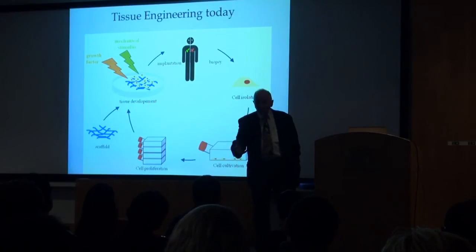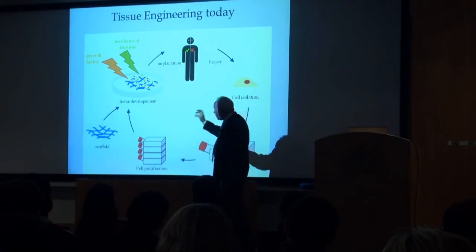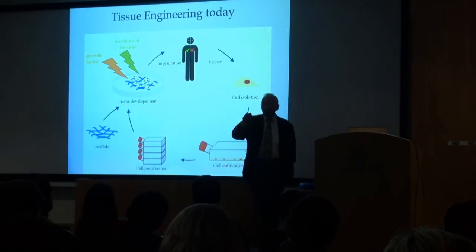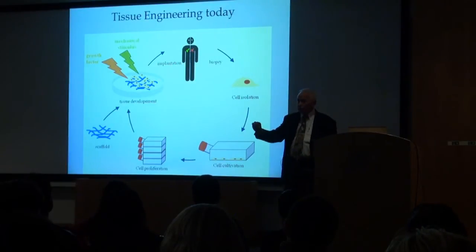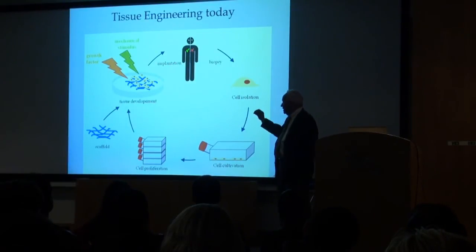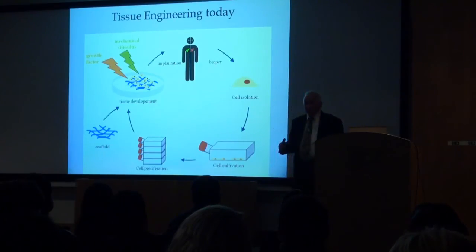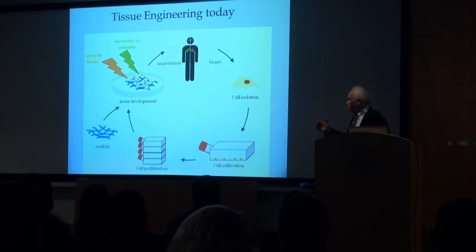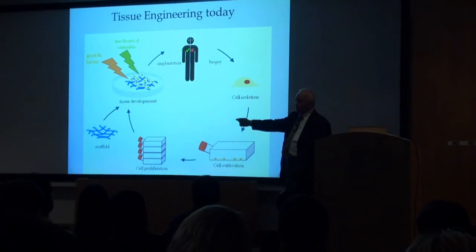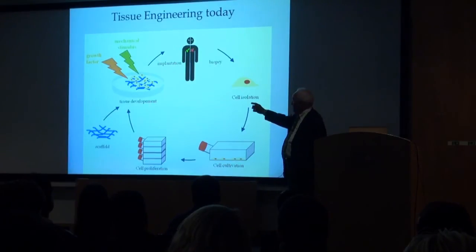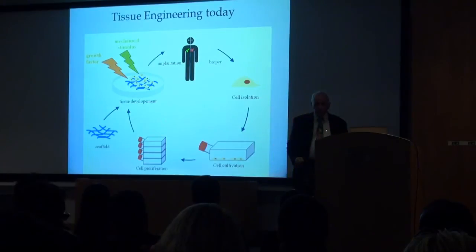We need a scaffold that the cells will recognize, adhering biologically, not physically, to the scaffold, and this way the scaffold and the cells that recognize it will start to produce a tissue. All this is in vitro, outside the body. When we have a little bit of tissue, then we implant it.